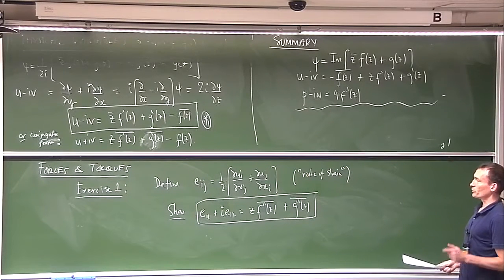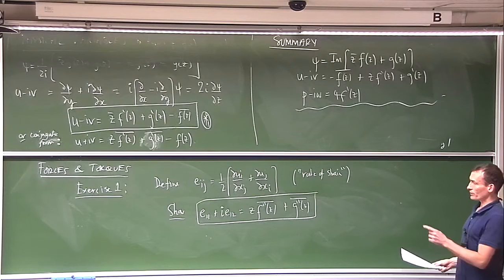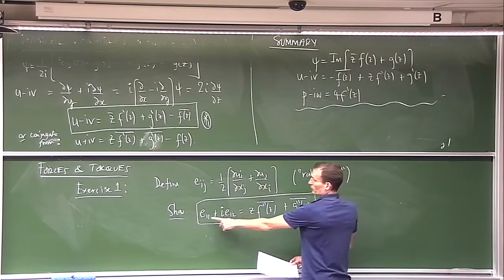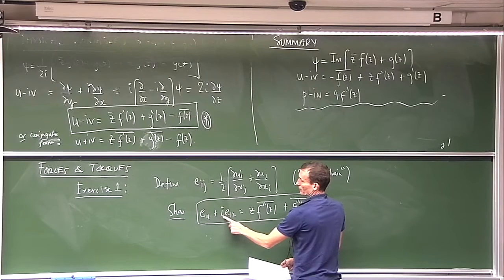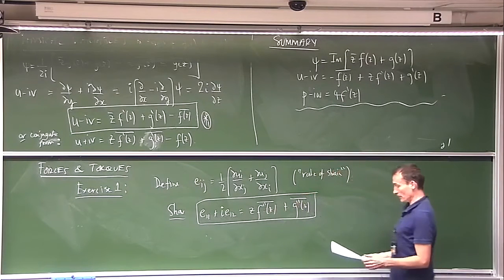Try that for yourself. You should be able to do that now. It's just the first diagonal and off-diagonal elements with an I added is this particular combination.